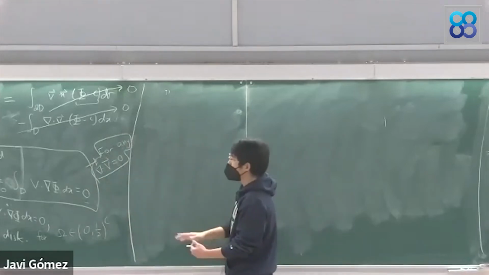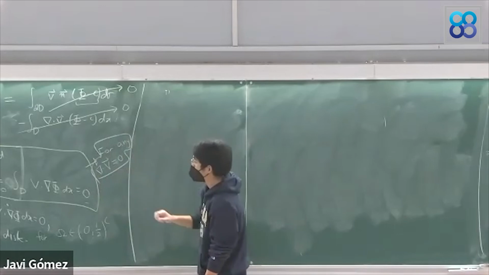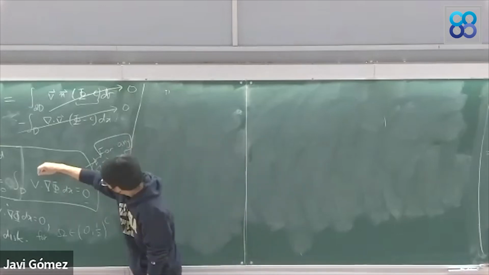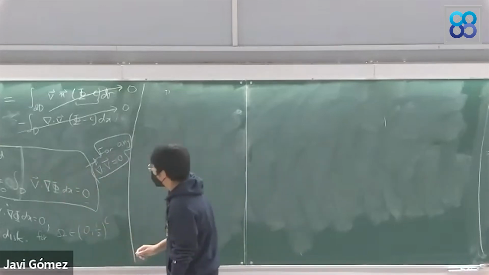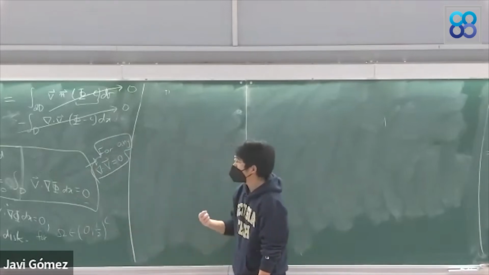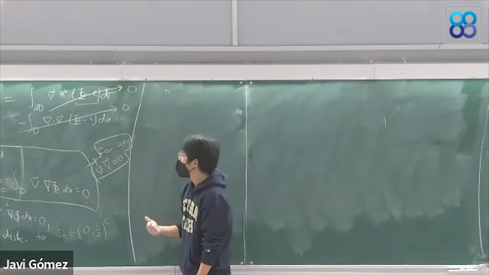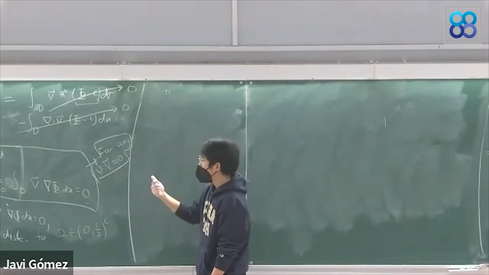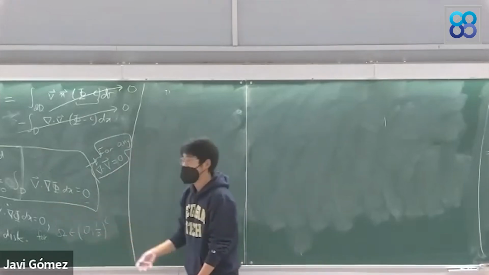So we didn't use any other conditions other than divergence of V is zero. So to show this, all we have to do is to find one single vector field V that is divergence free, and if that is 0, then it's a disk, right?